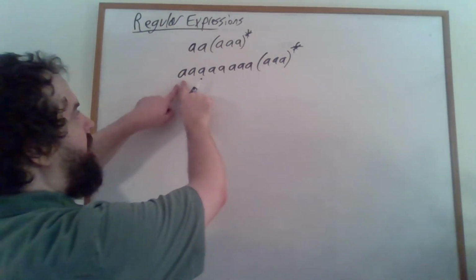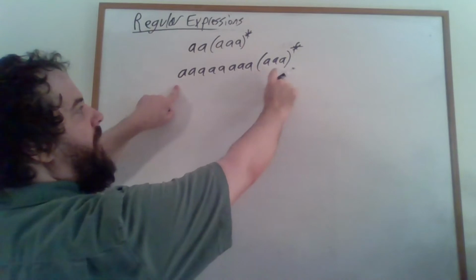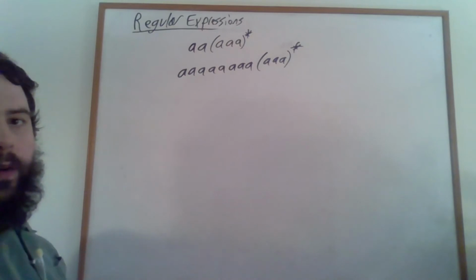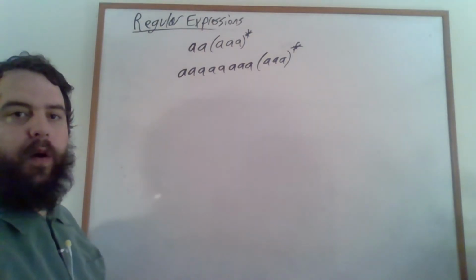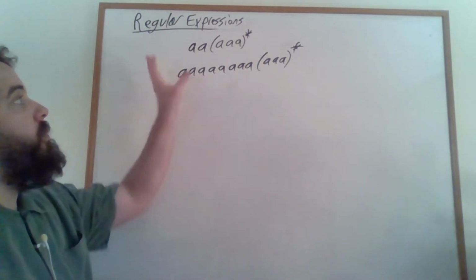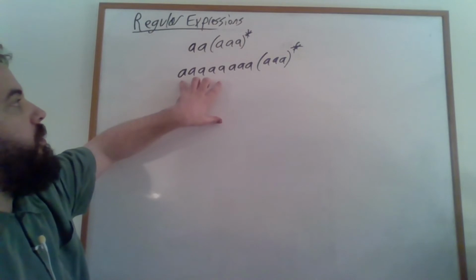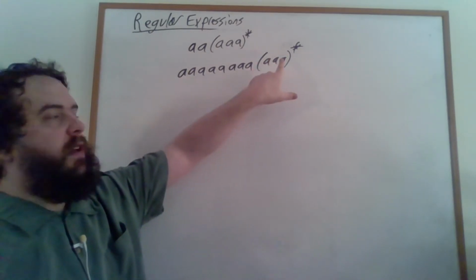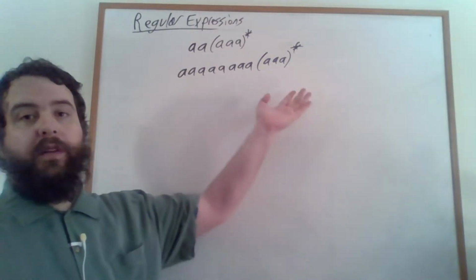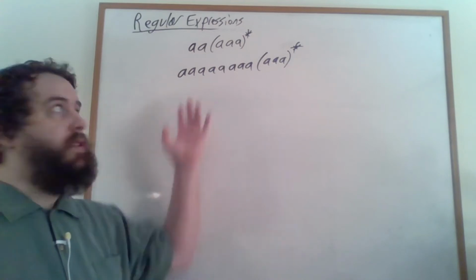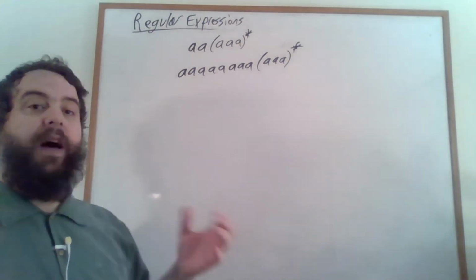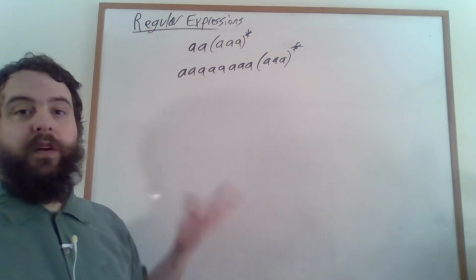So we could have this segment of a's, and then this star piece could represent 0 copies of 3 a's in a row, or it could represent 1 copy of 3 a's in a row, or it could represent 2 copies of 3 a's in a row, and so on and so forth. And this will produce the set of all words that are 8 plus 3 times k for some number k. And it turns out we can union this sort of language together with other languages of this sort and other finite languages to produce this wide collection of possible regular languages on just one letter.